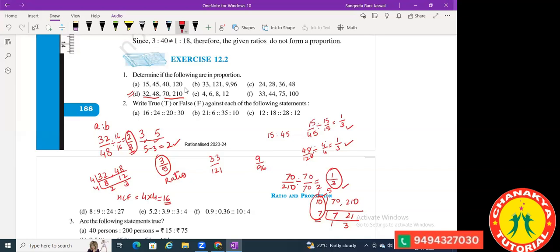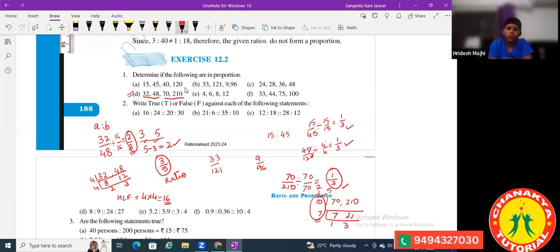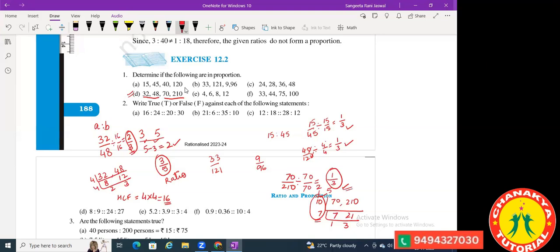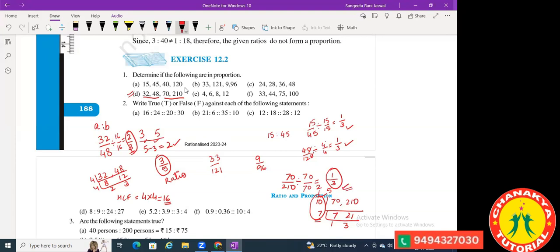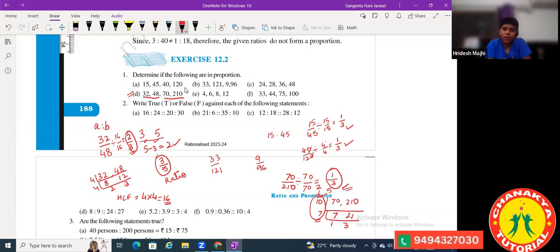You understood this? Yes or no? Teacher, no. You understood the ratio part? You didn't understand this ratio part? How did we find this 1:3? By dividing?